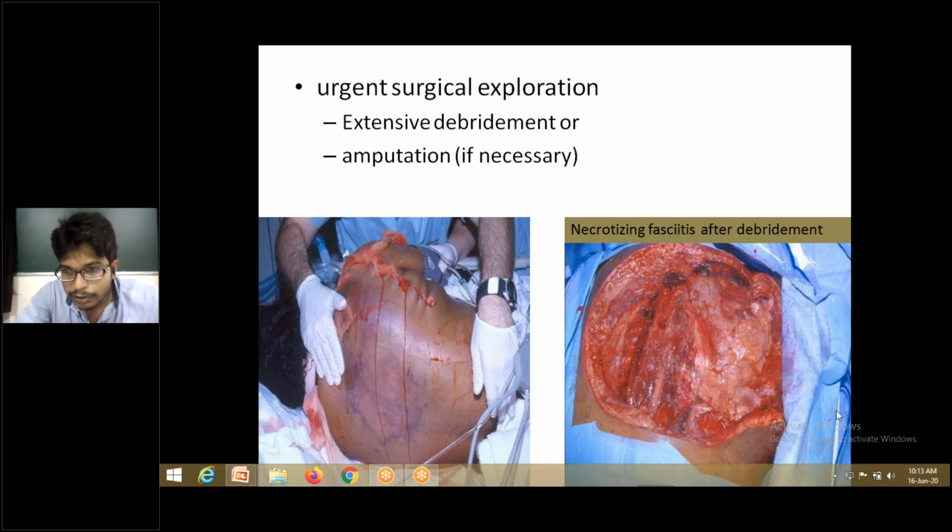I will not reveal the name, but you can try. Yes, necrotizing fasciitis. Both these infections need extensive debridement, otherwise the patient will definitely die. Extensive debridement along with empirical antibiotics.